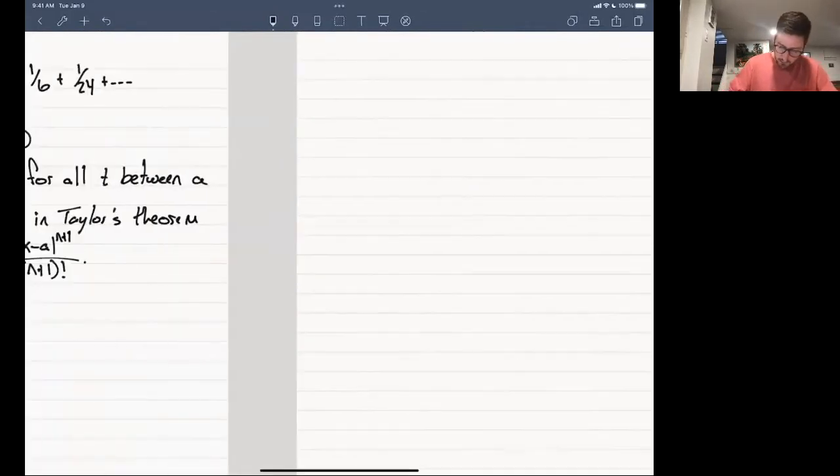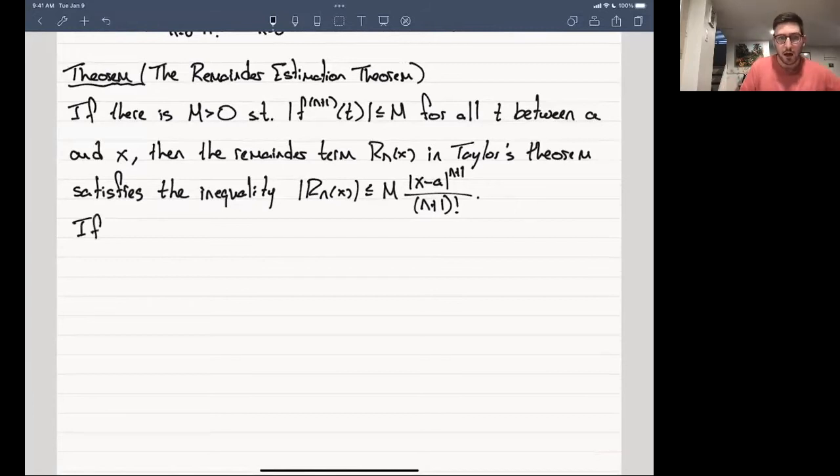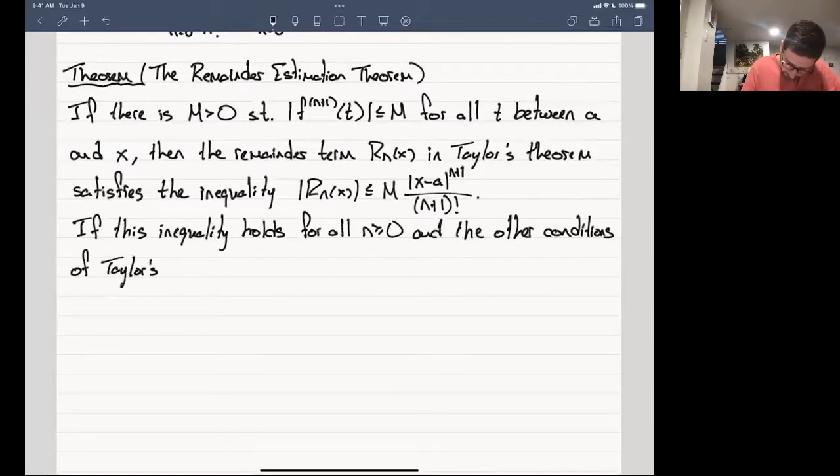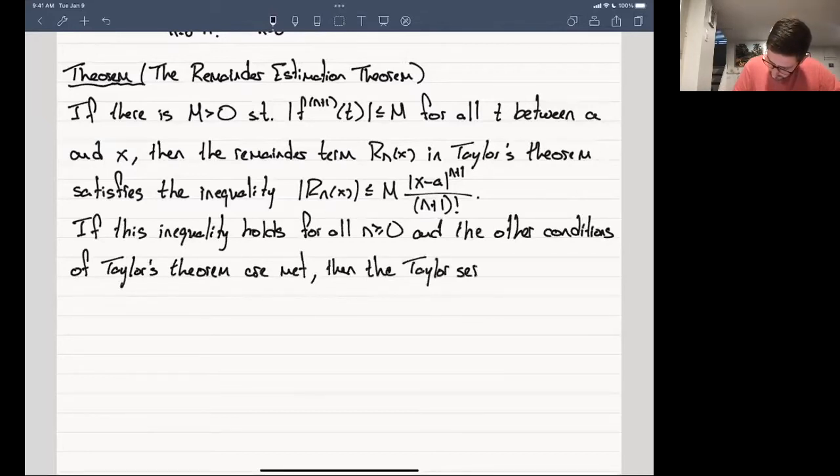Now, the other piece of this is, if this inequality holds for all n greater than or equal to 0, and the other conditions of Taylor's theorem are met, then the Taylor series converges to f of x.